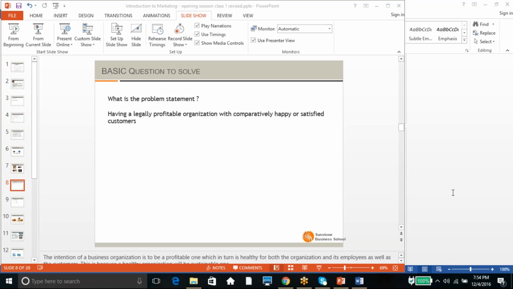And the word profitable ensures that in the marketing space, you don't go and feed the customer from your own pocket, which a lot of startups are doing.